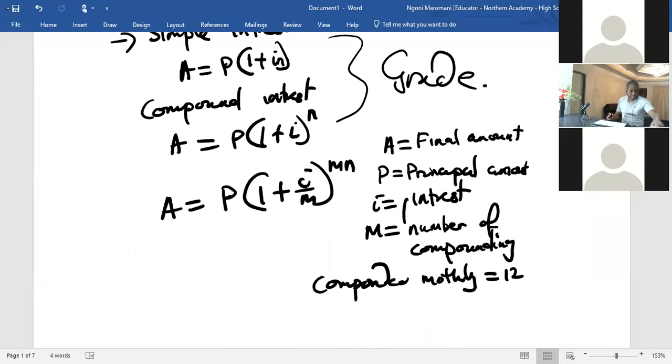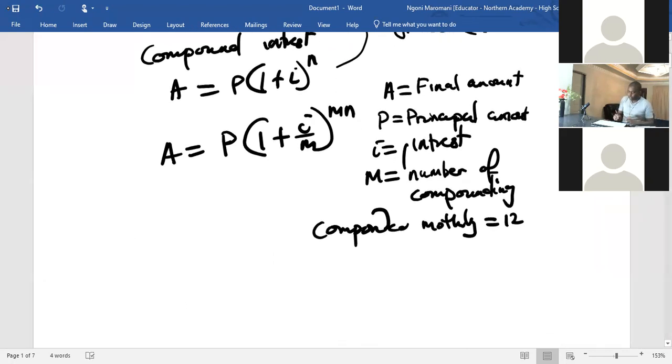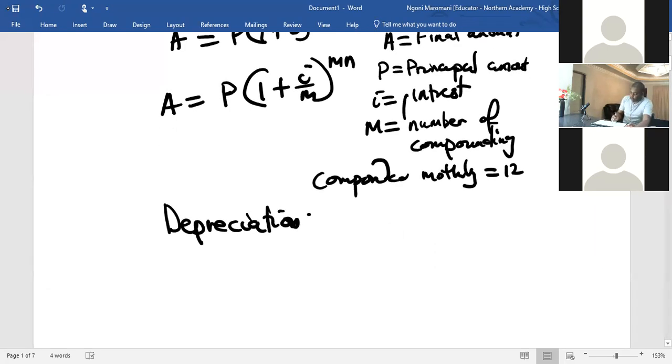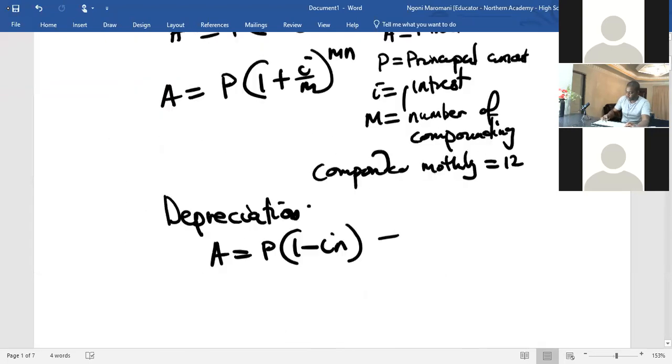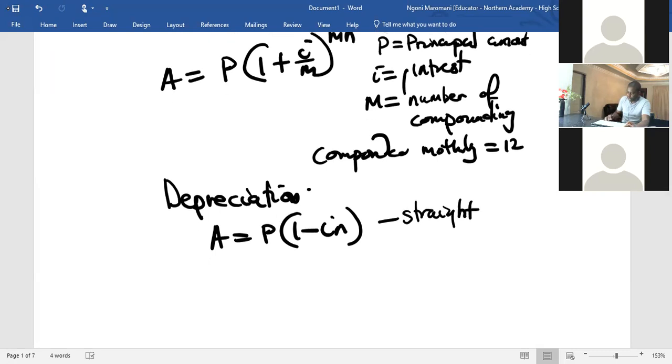Then from there, let me take from the list of formulas. We also have other important formulas which we use on depreciation. Depreciation is given by A equals P into 1 minus i n. This we call the straight line depreciation.